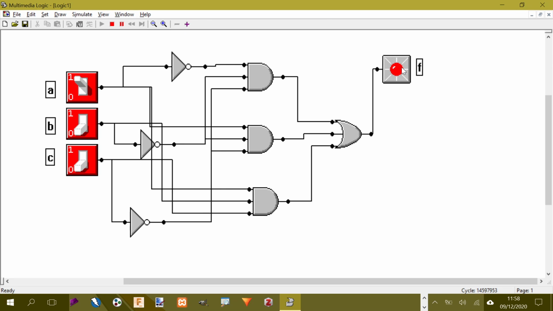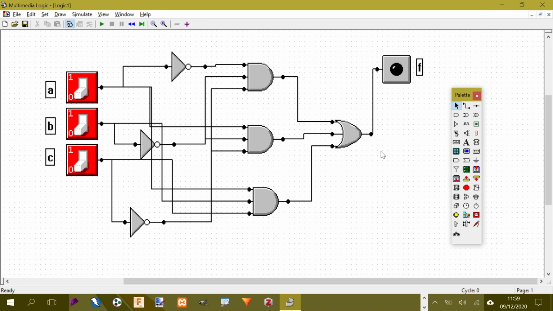Turn that on, it makes no difference because 1, 0, 0 is still our combination. 1, 1, 0 wasn't in our combinations, but 1, 1, 1 was, so we get that. And any other combination apart from those 3 will give you 0, or no LED light. So you could run through and test, but that does exactly as we designed it to do.